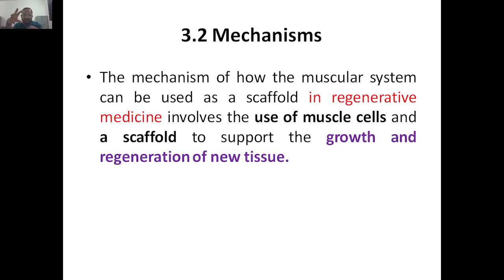We need muscle cells, and we need a scaffold. The cells are what we will use, and the scaffold is where the cells will be seeded. These cells will attach to this particular scaffold, grow, and become a particular structure. Now that structure I can use for fixing, because I know what structure I need. Understood? So that's the introduction.